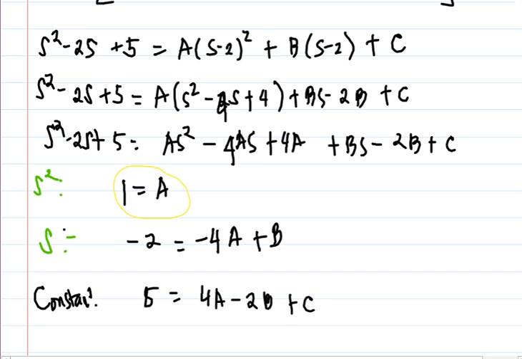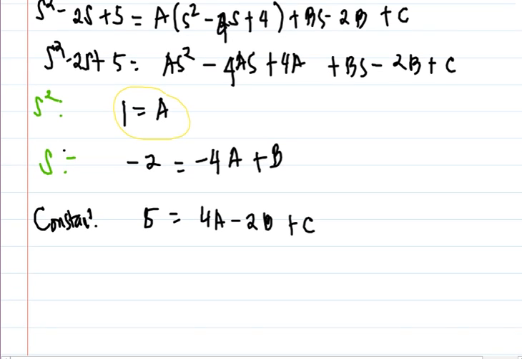Okay? So, based on the value of A that we got, we can solve for B. So, our B is equal to negative 2 plus 4A. So, this is equal to negative 2 plus 4. B will be equal to 2.